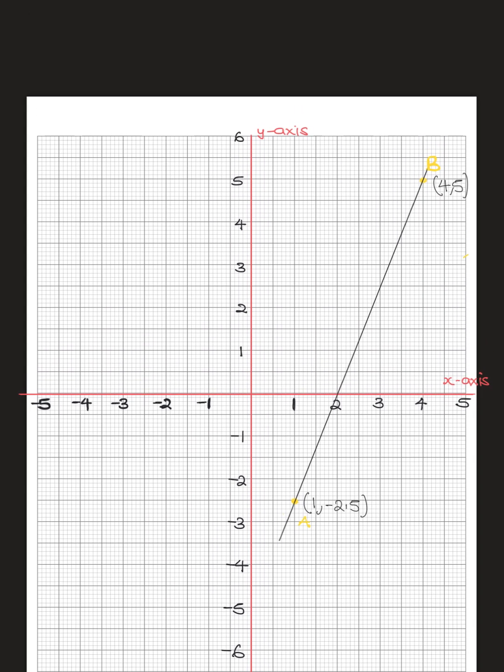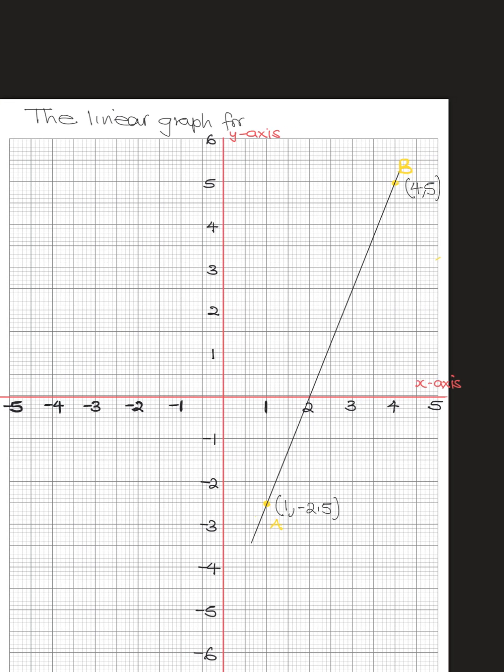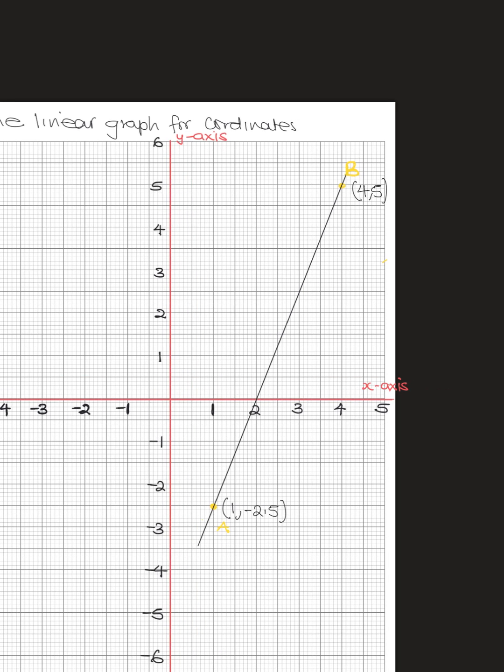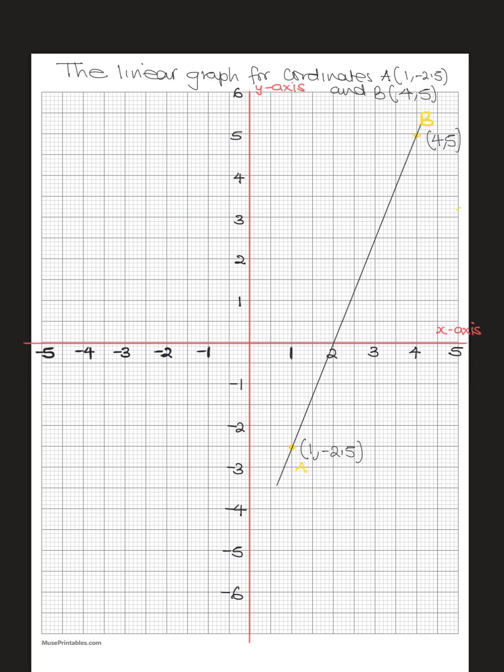If we should write the title, we're going to have the linear graph for coordinates A, which is 1 and minus 2.5, and B, which is 4 and 5. So this is how the graph is going to look like.